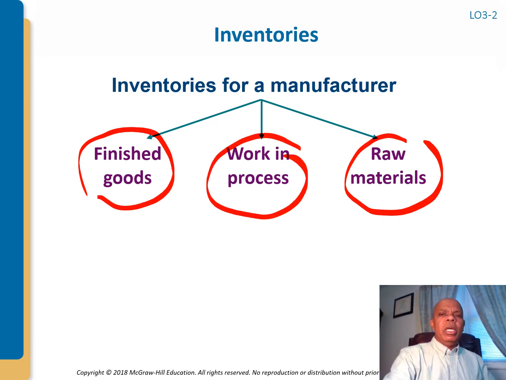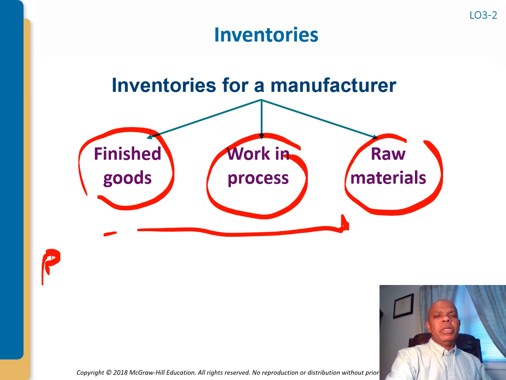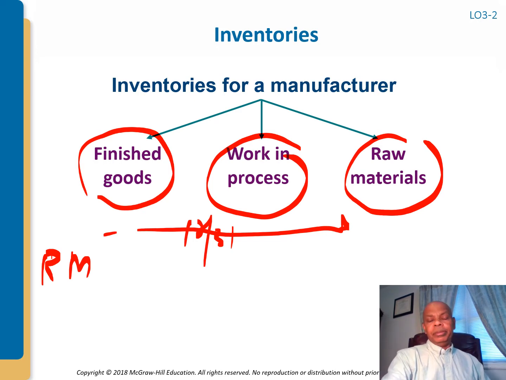Raw materials, if you're a manufacturer, you buy raw materials first and put them into making a product. Suppose you are putting together a table. You started putting your lumber together, right? It's not done yet.